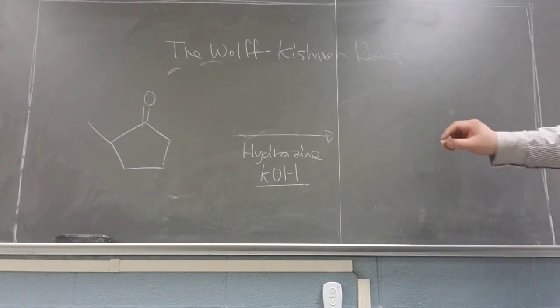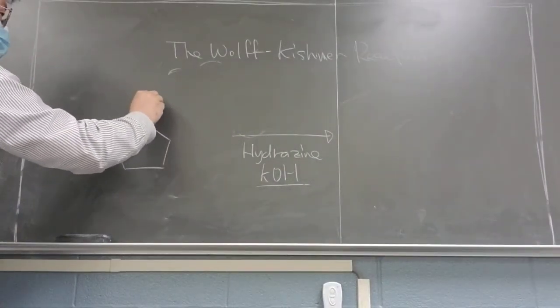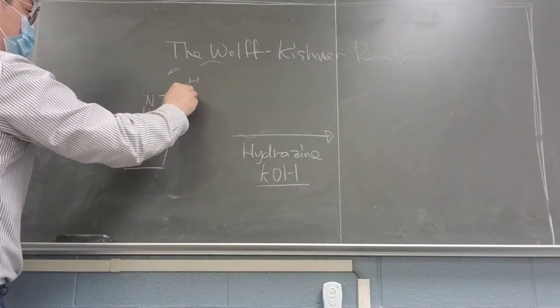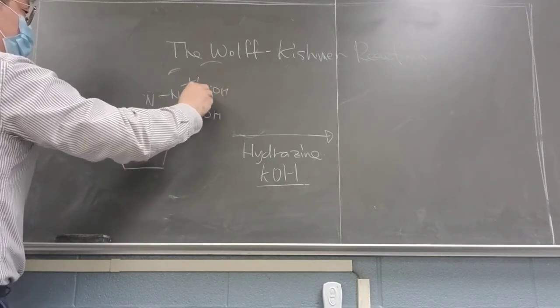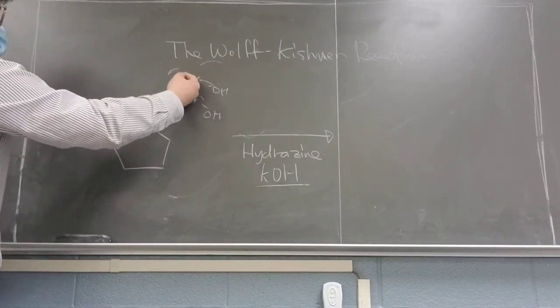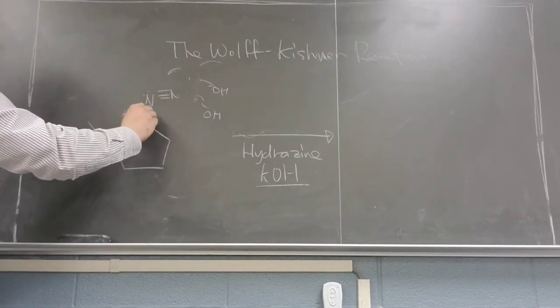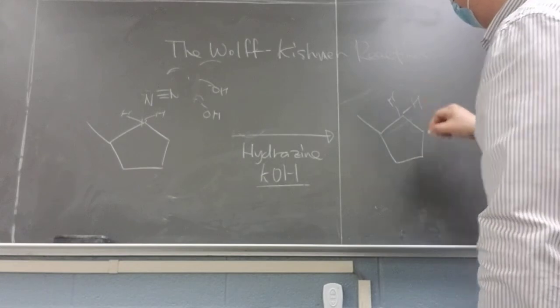Okay, so what I'm gonna do is pretty much the same here, and OH minus grabs this one, grabs another one, so the triple bond is gone. So this will become like this, right?